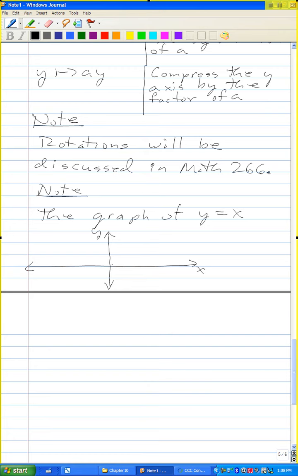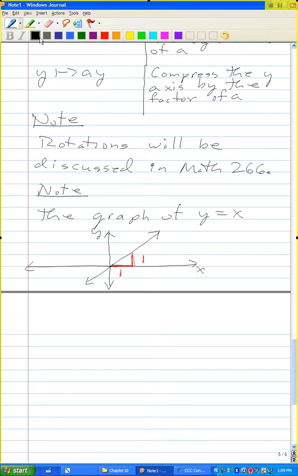And so this is just a line passing through the origin, having a 45-degree slope, meaning that if I go 1 unit in the x direction, I go 1 unit in the y direction.